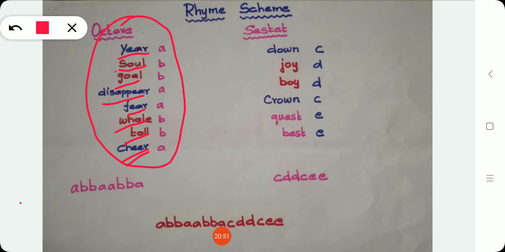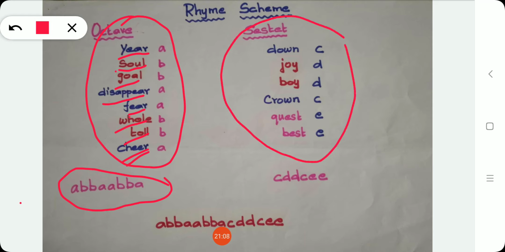Now what is the rhyme scheme of this first stanza, that is, the first 8 lines, the octave? It is A, B, B, A, A, B, B, A. This is the rhyme scheme of the first 8 lines. Now come to the sestet part. It contains 6 lines. Again I have written the last words. See, down.